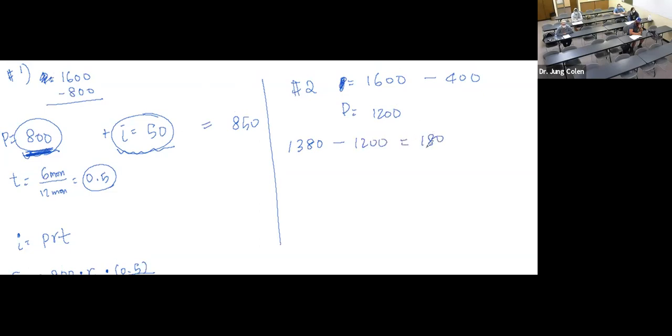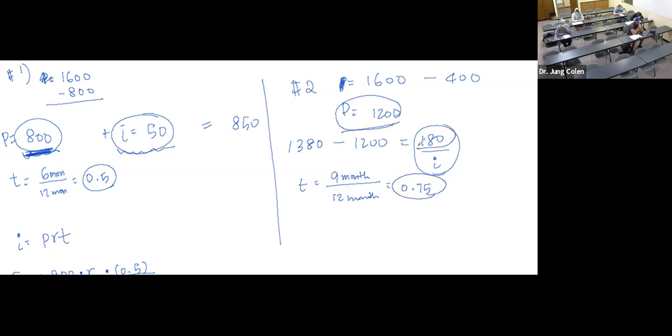Yes, so $180. That is your interest. So we got principal and interest. What else? We need to have time. 9 months, right? We're talking about annual rate, so we need to divide it by 12 months. 0.75. Thank you. So we were given principal, interest, and the time.